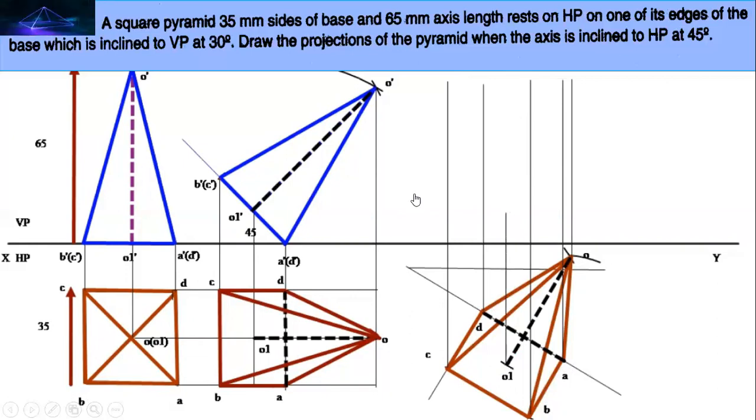So A dash with A, that is the point A, B dash with B, that is the point B, C dash with C, that is the point C, and D dash with D, that is the point D. And project O dash to O.